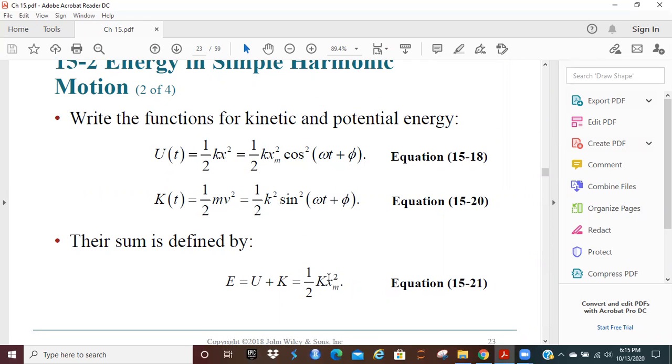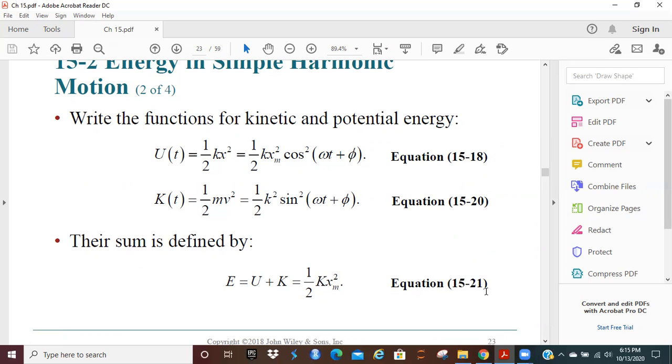Inevitably, we're going to come around to trying to define what kinetic and potential energy is going to be for situations with simple harmonic motion. So write the functions for kinetic and potential energy. For our potential energy there, we've got 1/2 kx squared, or 1/2 k x sub m squared times the cosine squared of omega t plus phi.